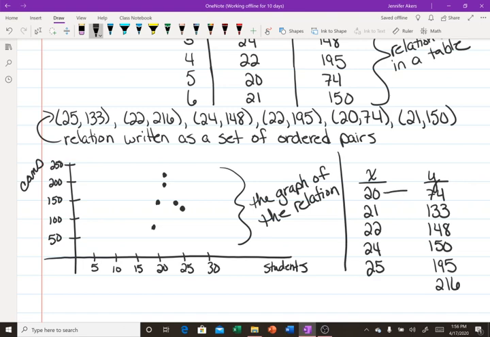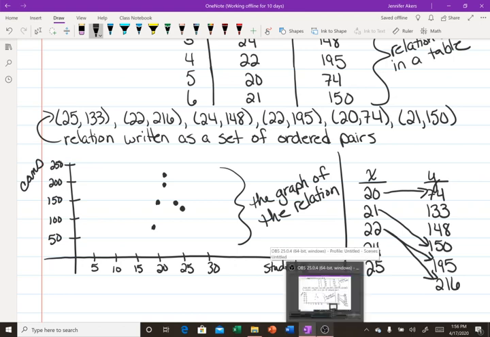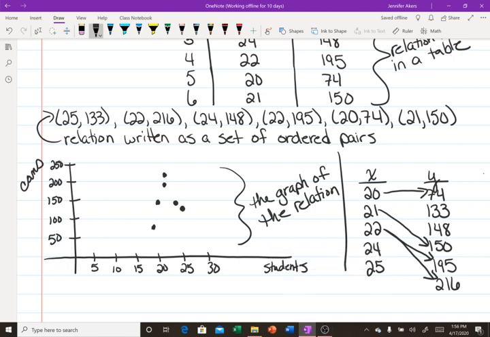20 is mapped to 74. 21 is mapped to 150. 22 is mapped to 216. And 22 is also mapped to 195. So there's two arrows coming from 22. 24 is mapped to 148, and 25 is mapped to, I'm sorry, 25 is mapped to 133.